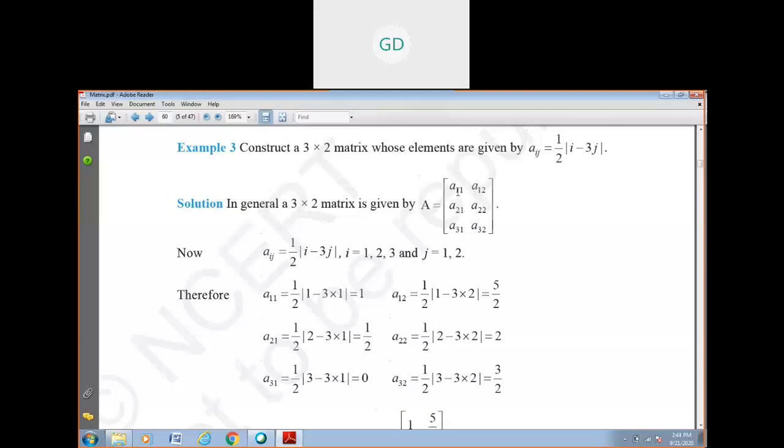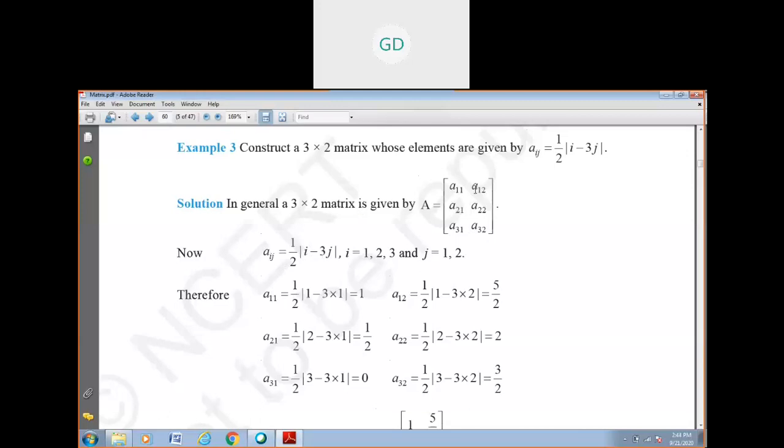First of all, suppose we compute the first element. For the first element, the value of i is 1, j is 1. Just put i as 1 and j as 1, and we will have the a11 element. Within the modulus, the value gives us 1. So the first element will be 1.